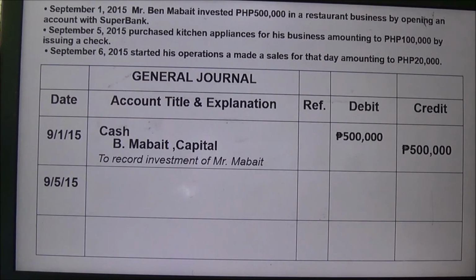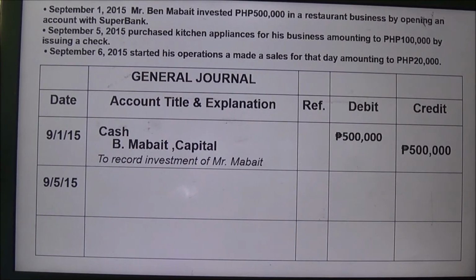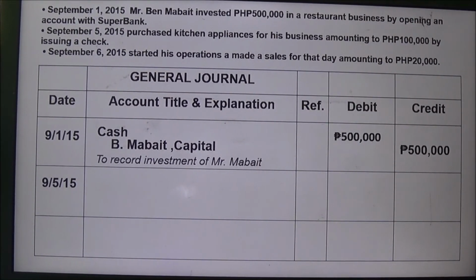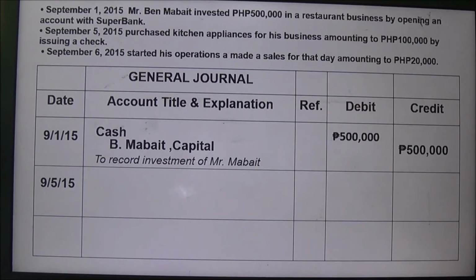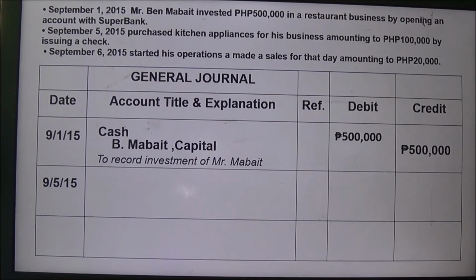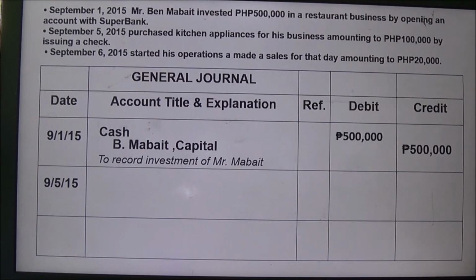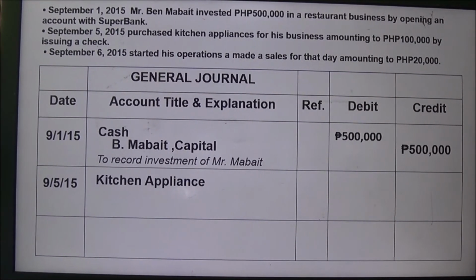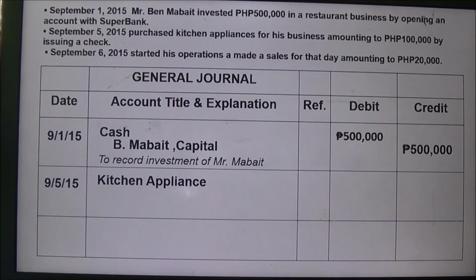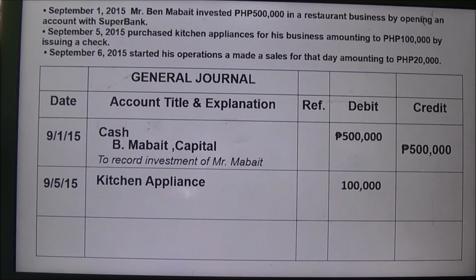Check also is considered as cash equivalents. Okay, so he purchased kitchen appliances. So kitchen appliances is an asset to the business, so it will be debited. Kitchen appliances worth 100,000 pesos will be debited.